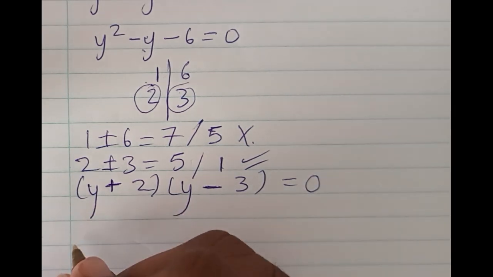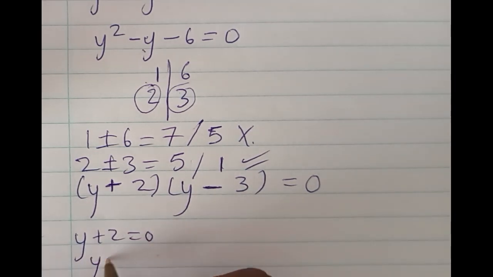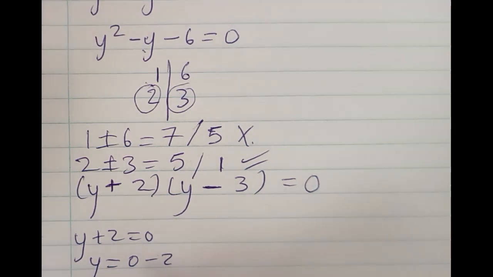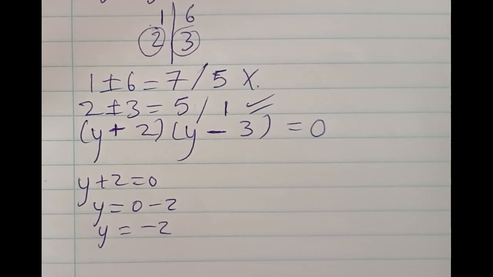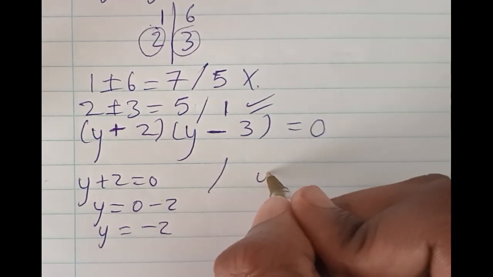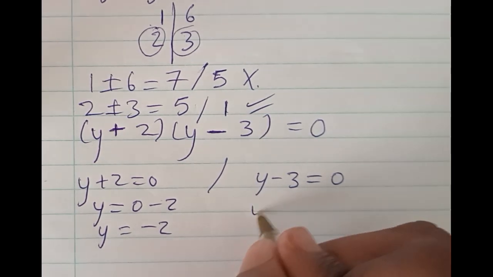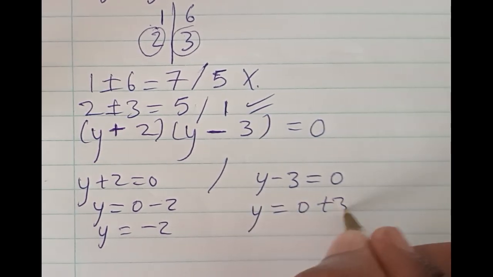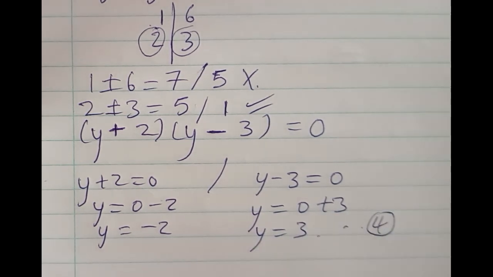So y plus 2 is equal to 0, then y is equal to 0 minus 2. Therefore, my y is equal to negative 2. Or y minus 3 is equal to 0. Then I take 3 to the opposite side, it changes the sign, then y is equal to 3. Then this is my equation number 4.